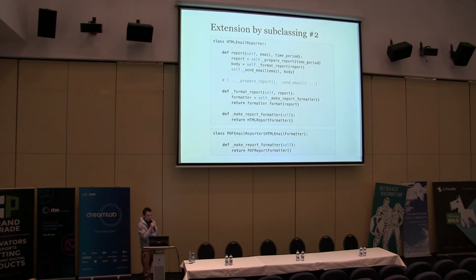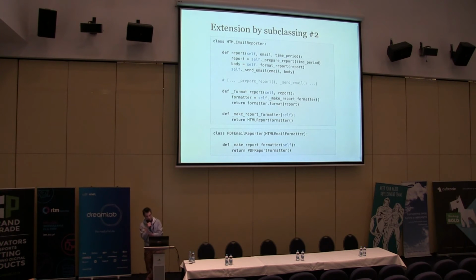At first, I tried to open my code for extension like this. I had each responsibility in a separate class, and the dependent classes were created as instances in private methods. Here we have report formatting extracted to an HTML report formatter class, and we create its instance in a private method, later call its public method.